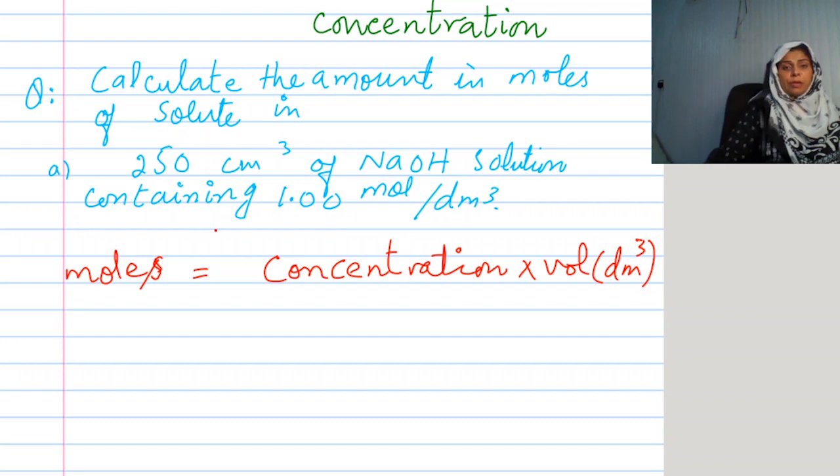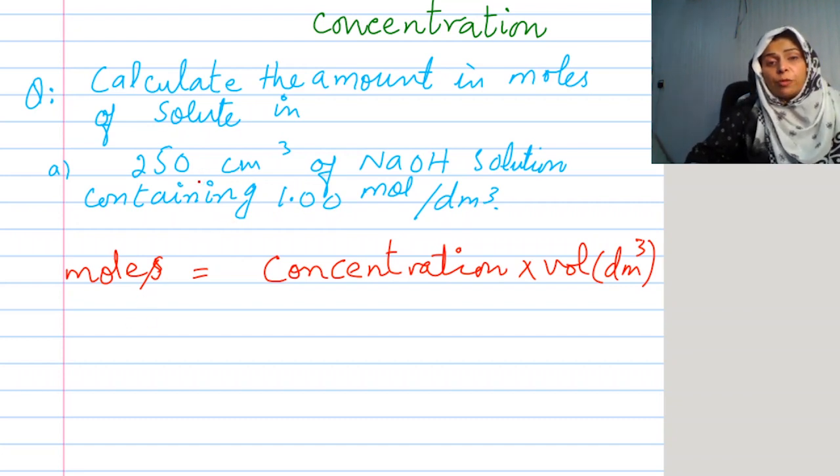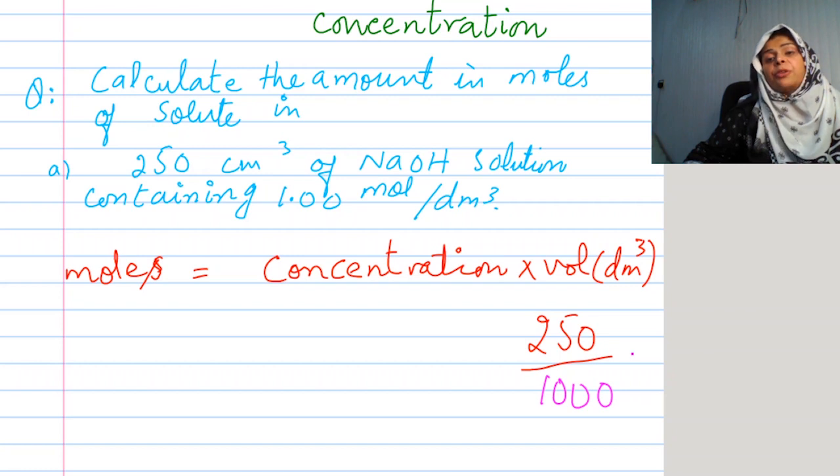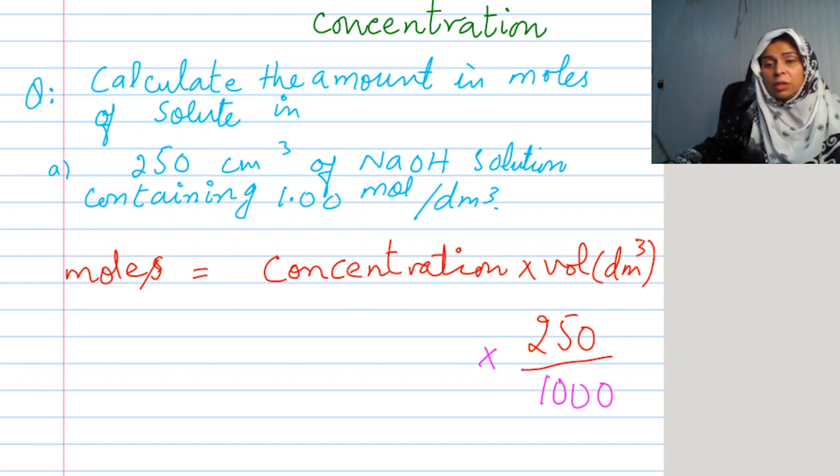Now here we have to calculate the moles. We have 250 centimeter cube of sodium hydroxide, but we will not use this value directly. We divide it by 1000 to convert 250 centimeter cube to decimeter cube, right? When we divide 250 by 1000, we get the value in decimeter cube, correct?